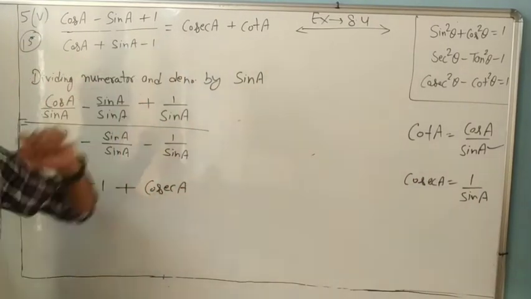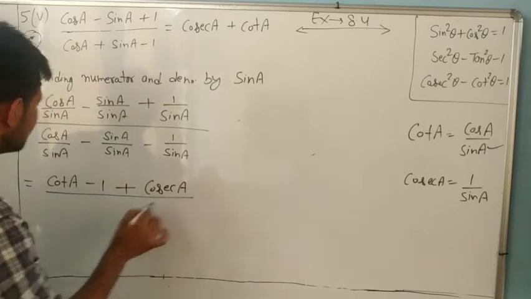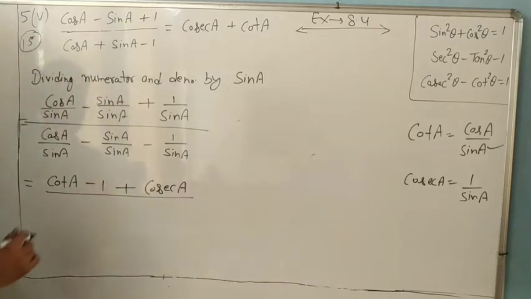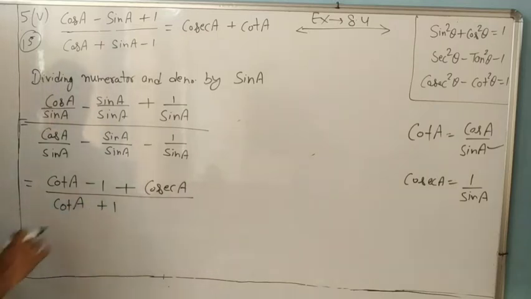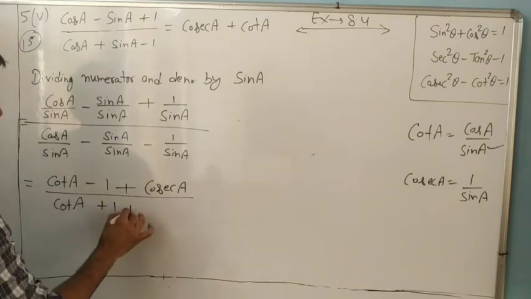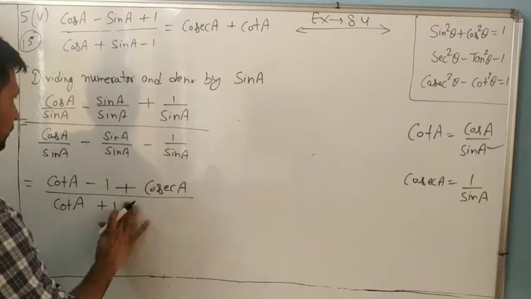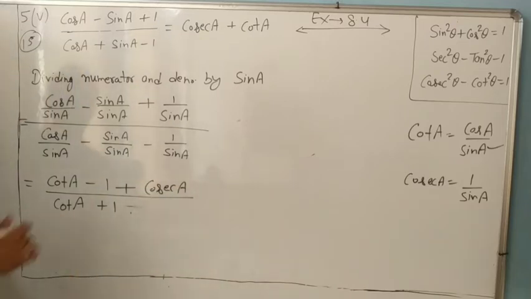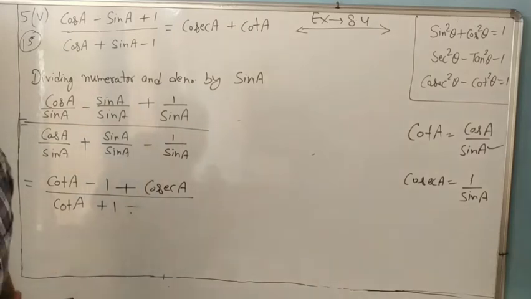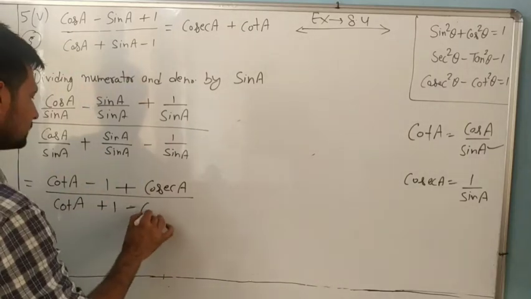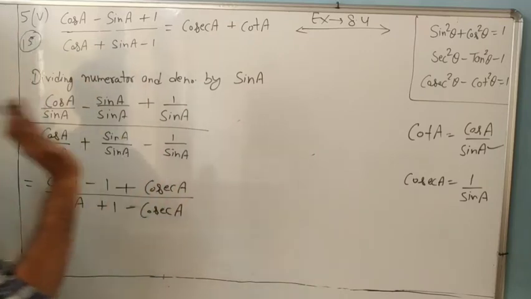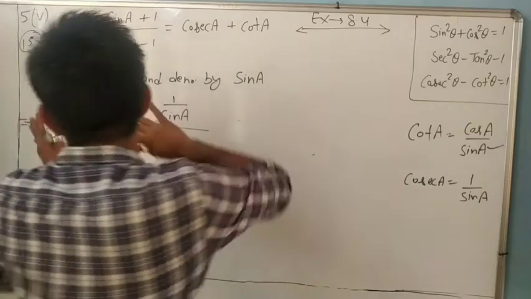So we get cot a plus 1 minus cosec a. Sorry, it is plus in the denominator, as in the question given, plus and minus cosec a. Understand? You can write it directly.